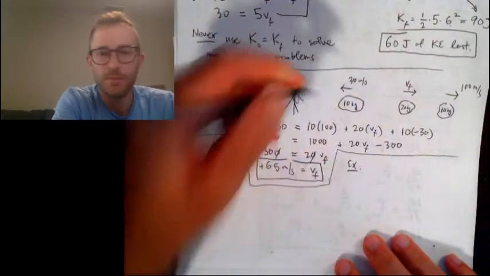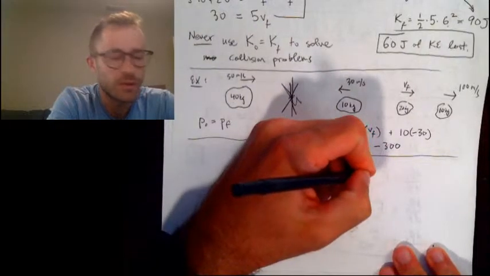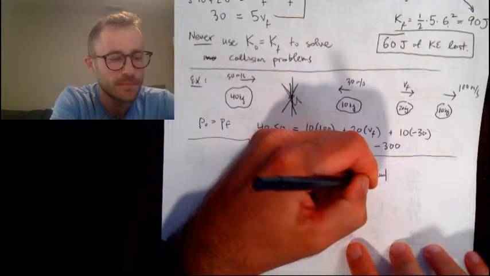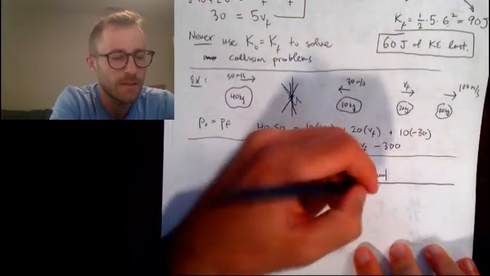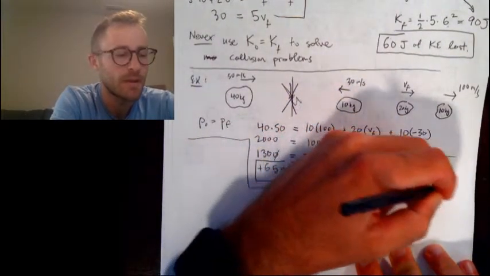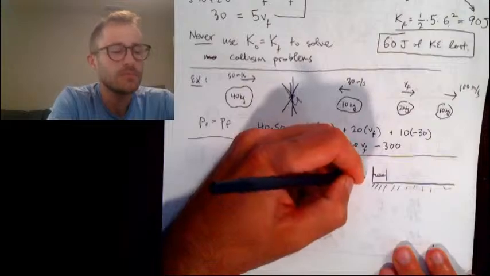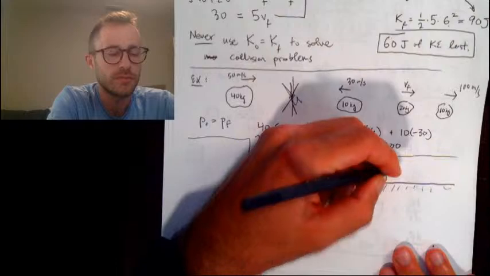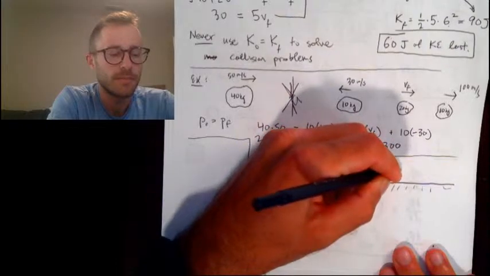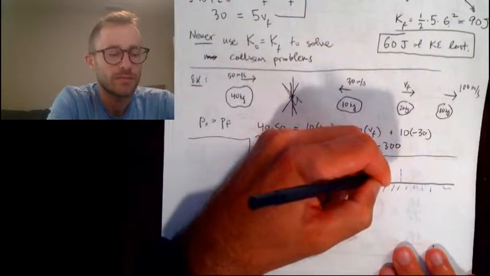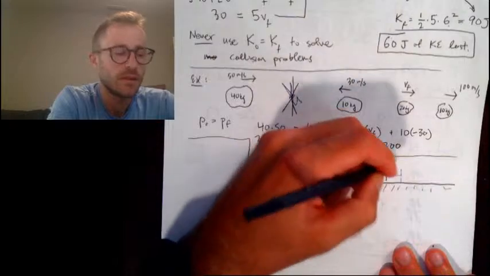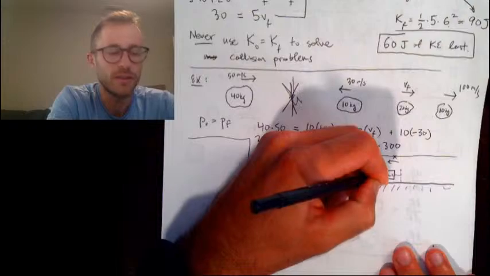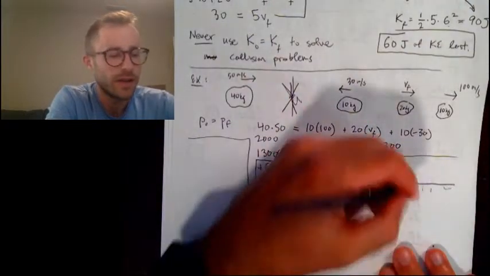So as an example, let's suppose we had a spring that is compressed. Okay, and it's compressed by some amount x. So the amount that it is compressed is x, and there's a little block on the end of the spring that has mass m1.